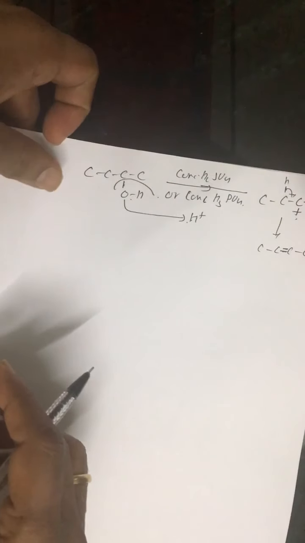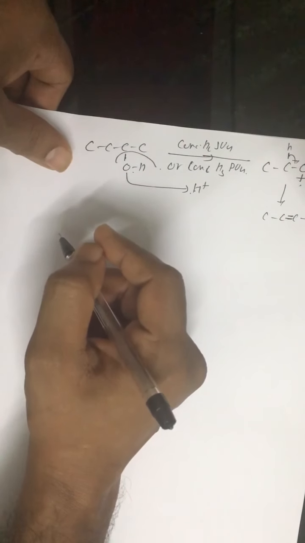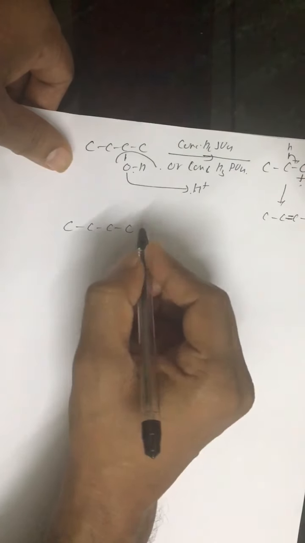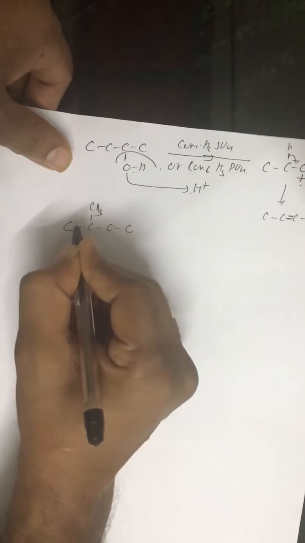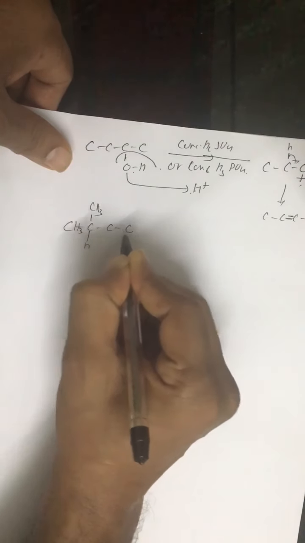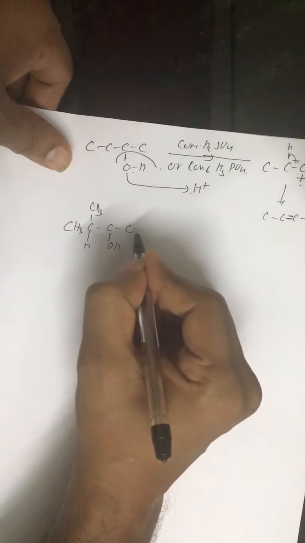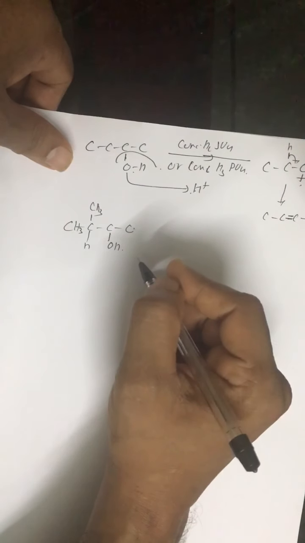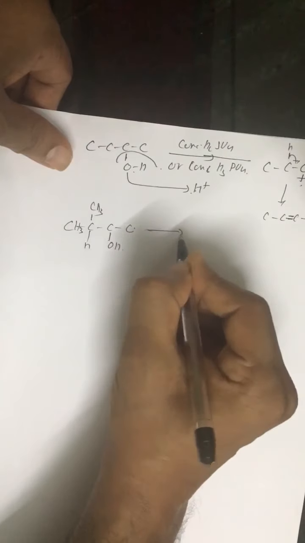During any mechanism, if the carbocation which is formed is less stable, like if you have this kind of case with CH3, CH3, H and OH.